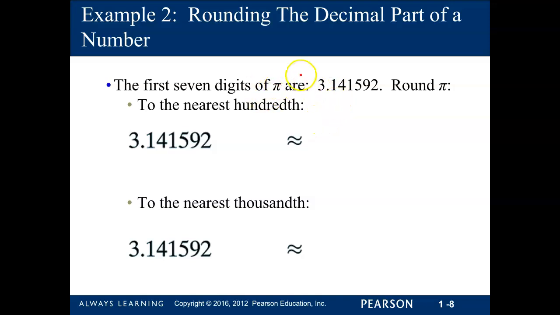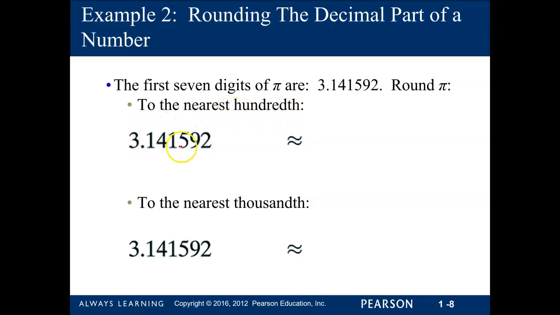We have to do some rounding of the decimal part of a number. So let's make use of the value of pi, which is 3.141592. Actually, there's more to it, but we will just consider the first 7 digits. So first thing, we need to round off to the nearest hundredth.